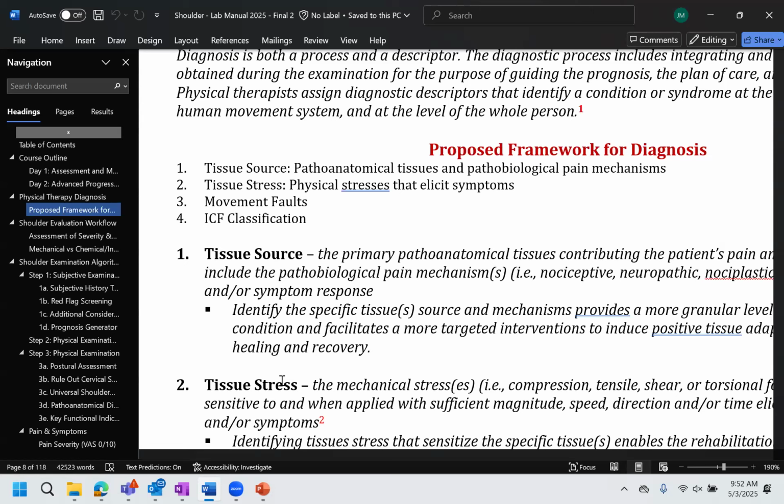Where we actually have to do retraining of the scapula to then allow for better subacromial space and allowing for better overhead motion, for instance. And obviously there's impairments listed there within.